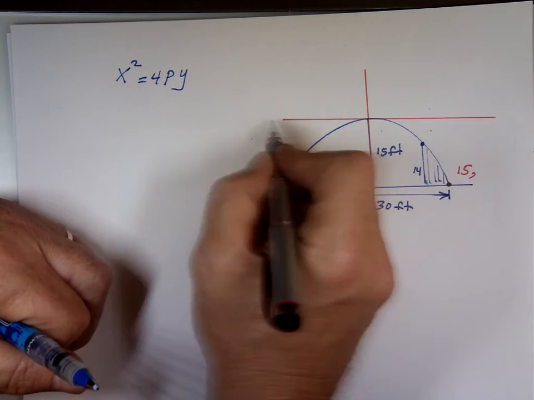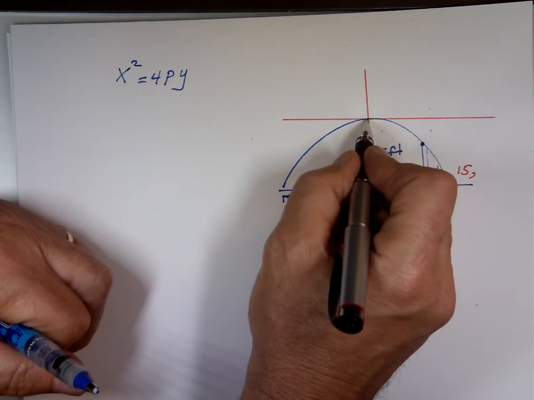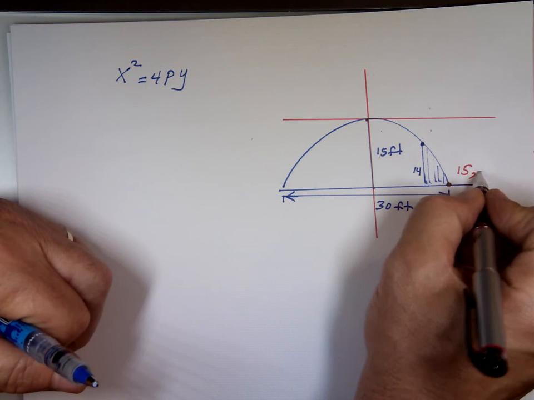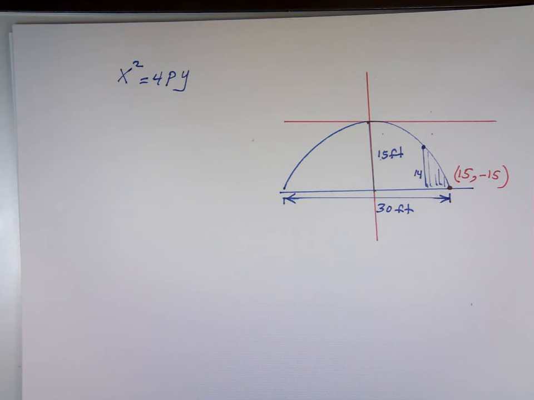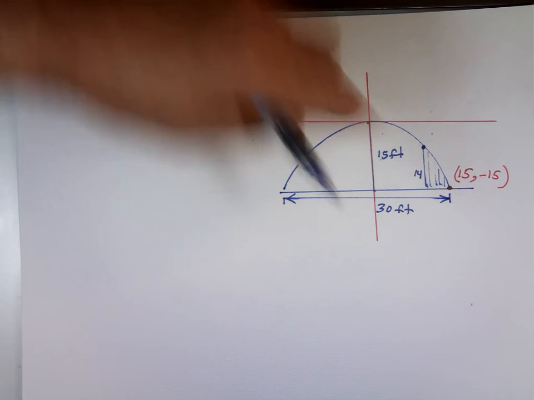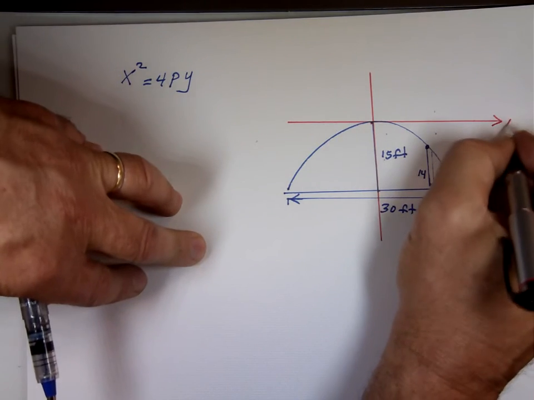Remember, the vertex, where's the center? Oh. Negative 15. Right? P better be negative when I do the math, because it's pointing down. That's 15 feet below. If it's my center there, that's my x-axis right here. There's my y-axis. What you're looking at here is the road.